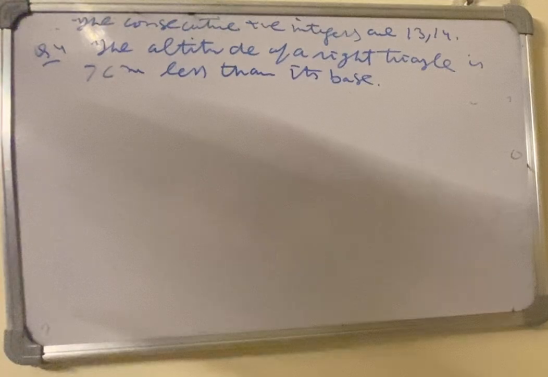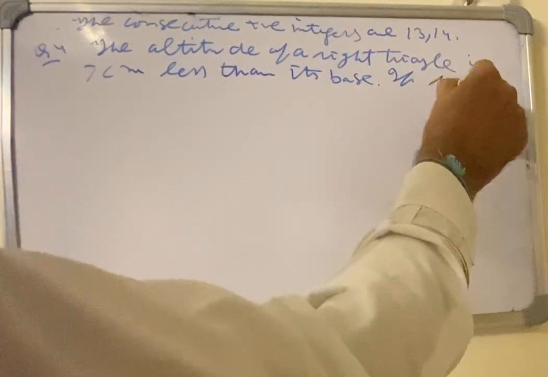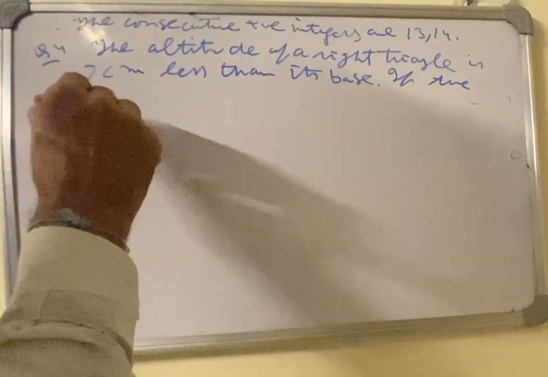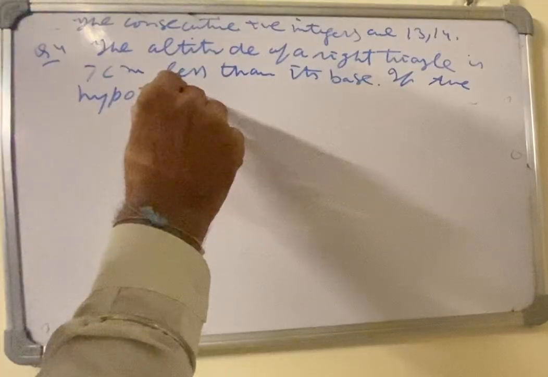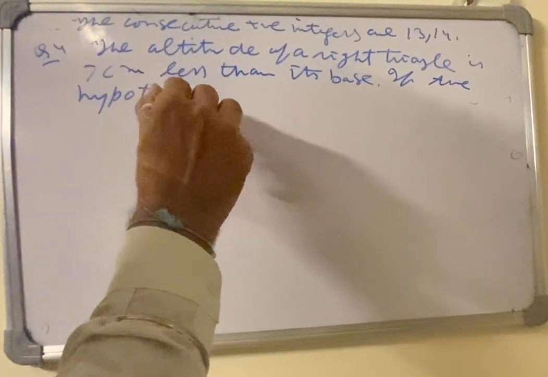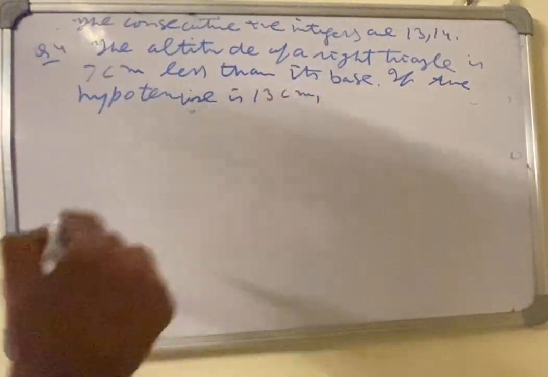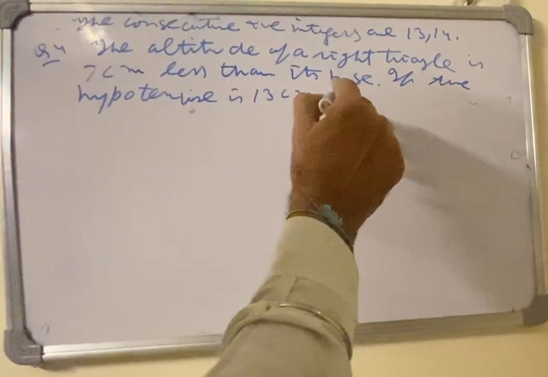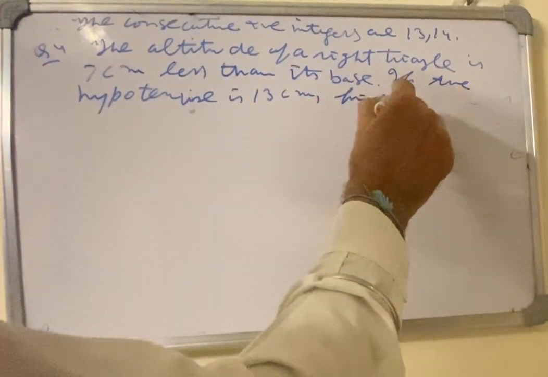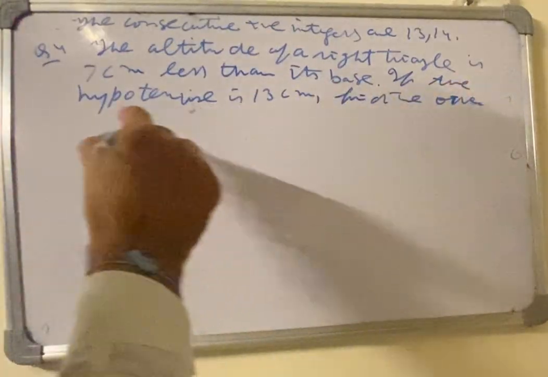If the hypotenuse of the right triangle is 13 centimeter, find the other two sides.